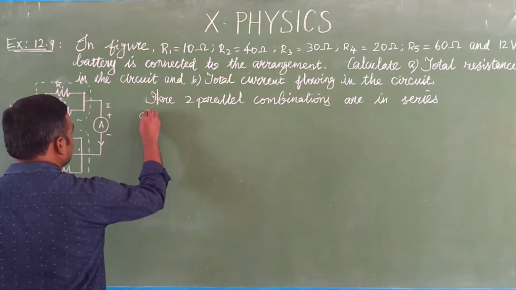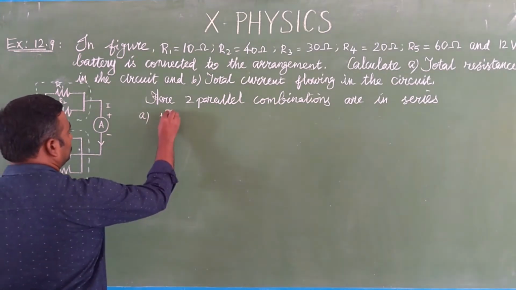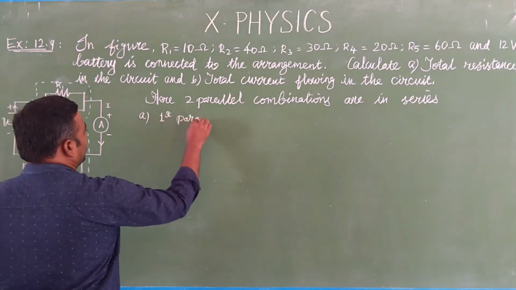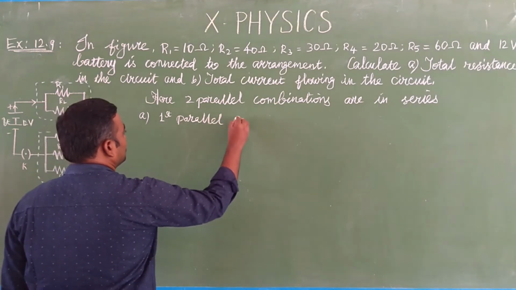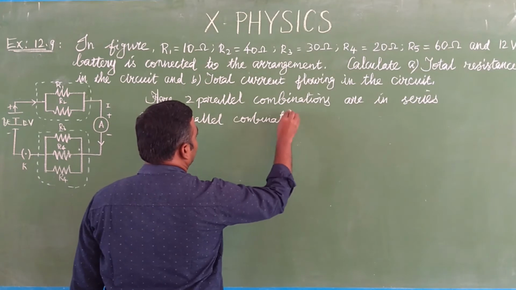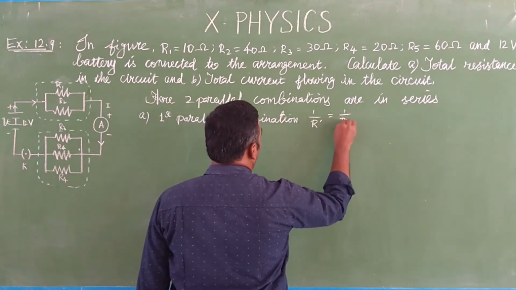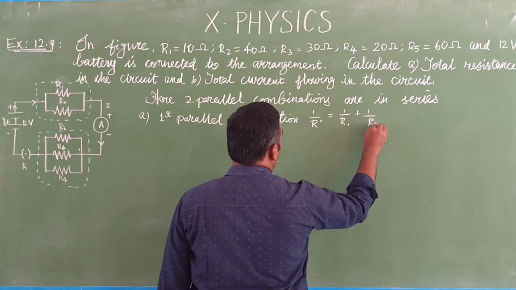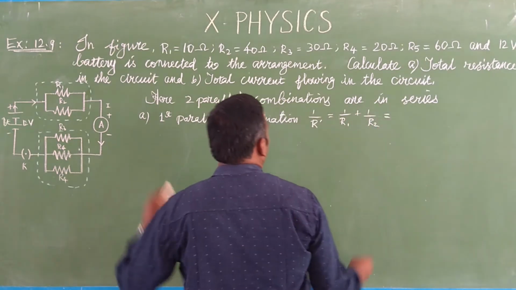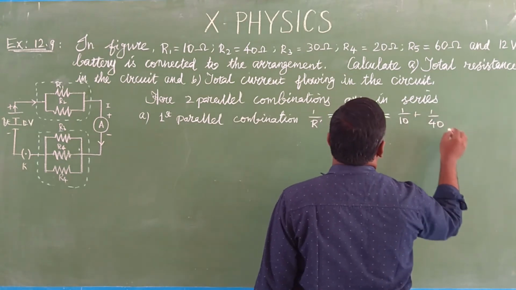First, for the first parallel combination: 1 by R dash is equal to 1 by R1 plus 1 by R2. We know the values. It is 1 by 10 plus 1 by 40 ohm.